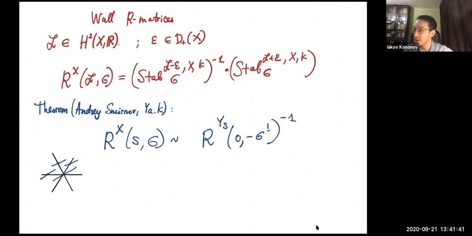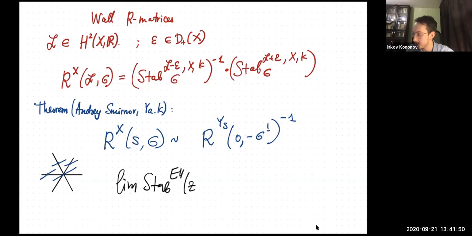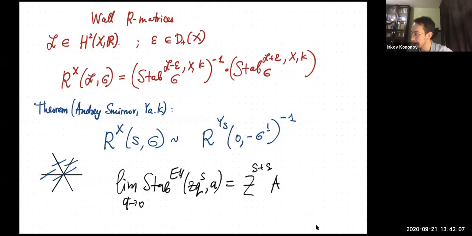If we write two different limits, so limit of elliptic stable envelope of Z times Q to S and A, Q to 0, we can factorize in two ways: Z corresponding to S plus epsilon, A of S plus epsilon, and this is equal to Z corresponding to S minus epsilon times A of S minus epsilon.